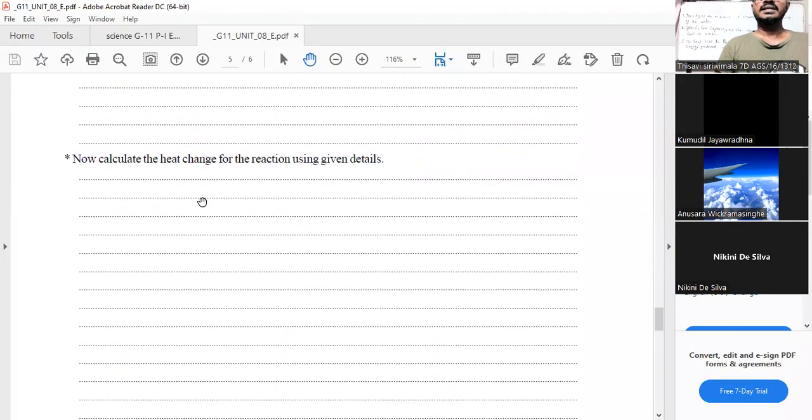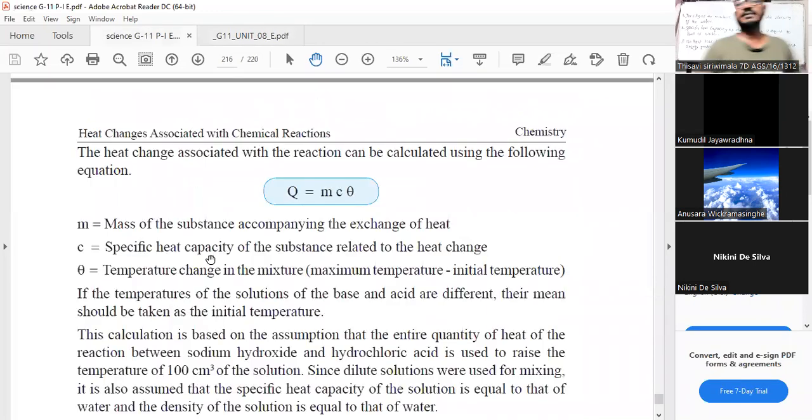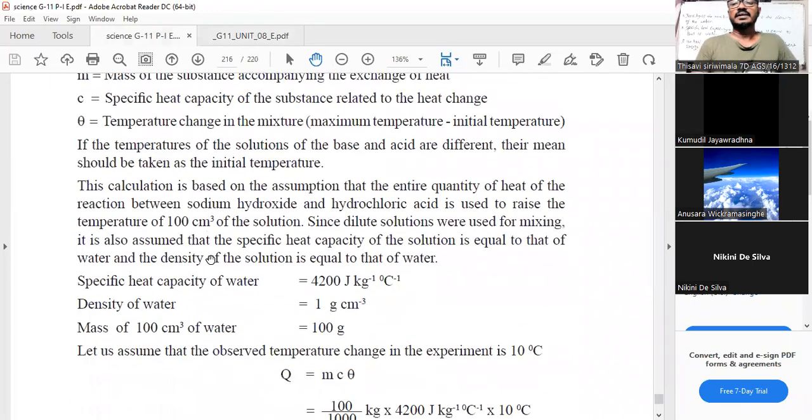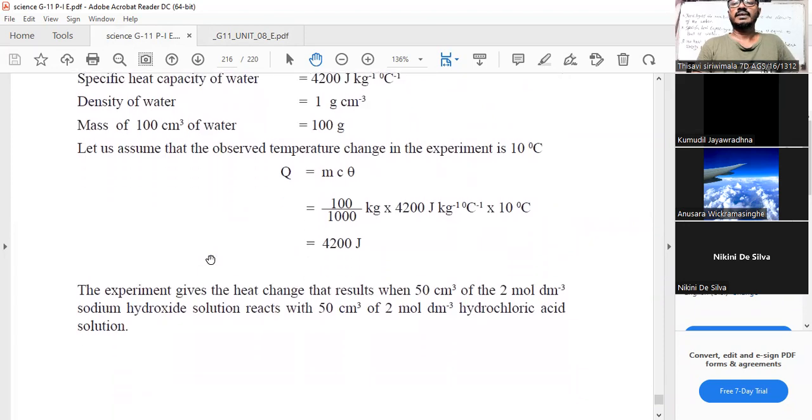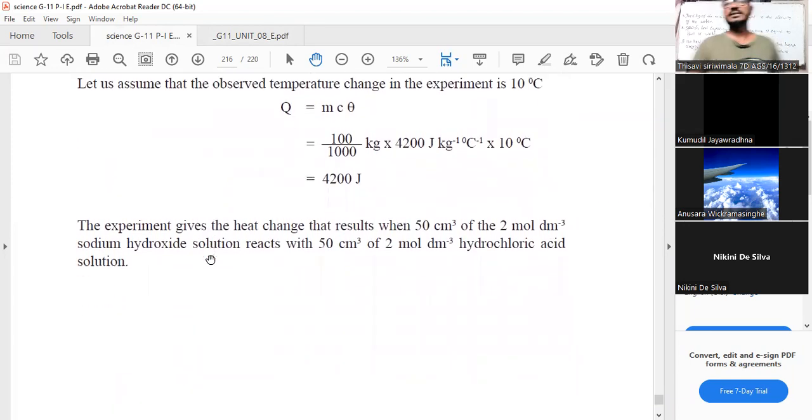Now calculate the heat change for the reaction using the given details. Here is how to calculate. We apply it straight away, Q equals mc theta. No need of writing anything else.